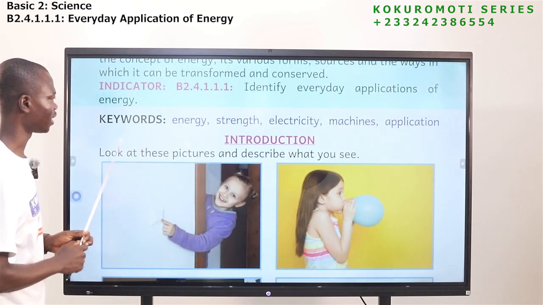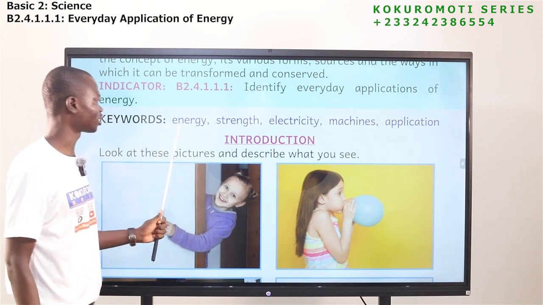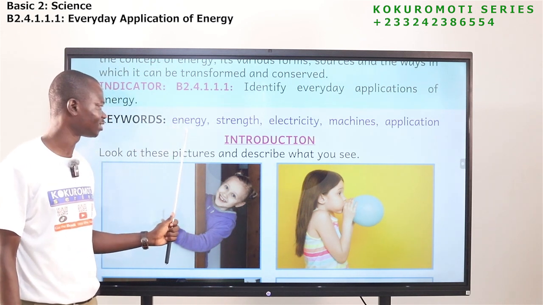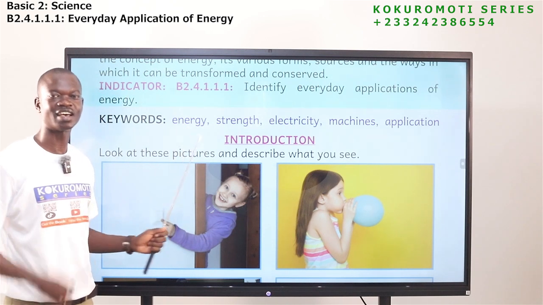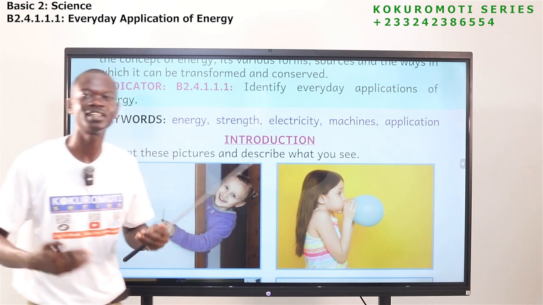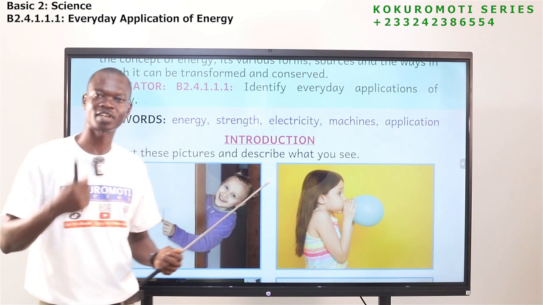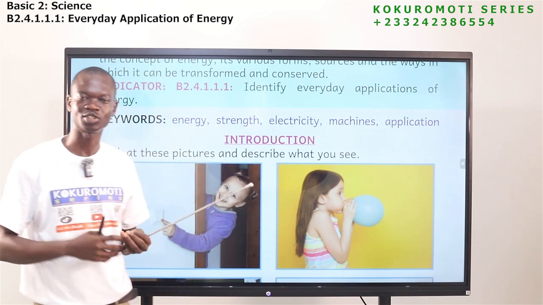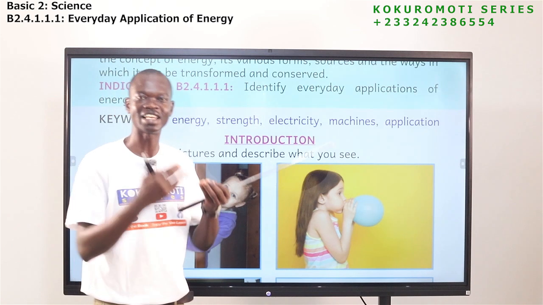So there are some keywords and let's look at them. The first one is energy. Energy is the same as the ability to do work, the strength that will help you to do or carry out an activity. So to do something, you need energy.